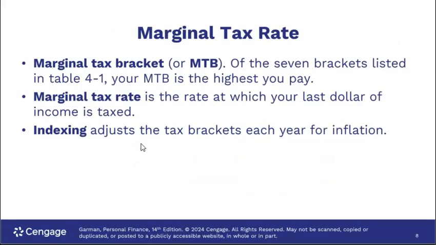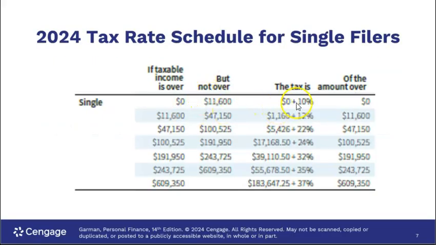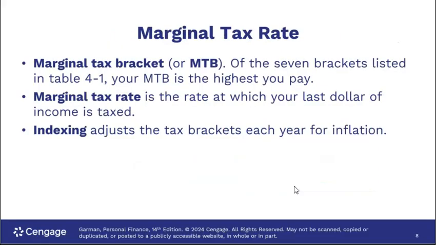So marginal tax bracket is the bracket, one of the 7 brackets listed here. So you've got 10%, 12, 22, 24, 32, 35, and 37. So that's the highest tax rate you pay.